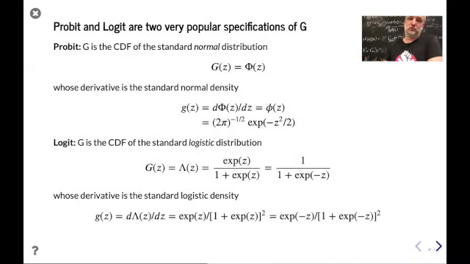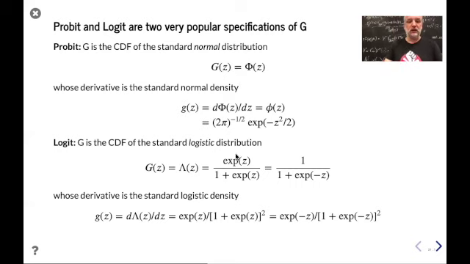But there are other distributions. Two very popular ones are, well, we have seen Probit, but there's also something called logit. And logit is just another distribution. It's symmetric like the Probit, like the normal distribution, but it has a little bit fatter tail. Now this gives rise to two different functional forms for G, where in the Probit example we just have the standard normal distribution as our G function.